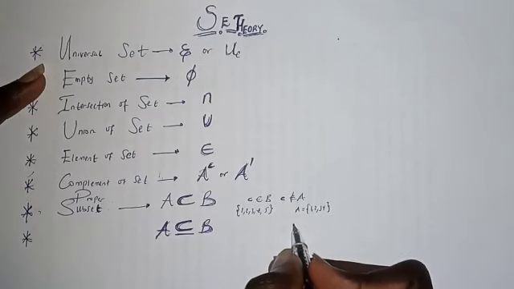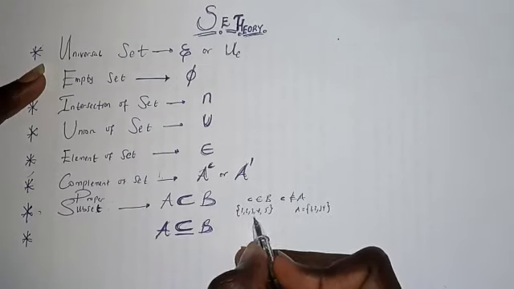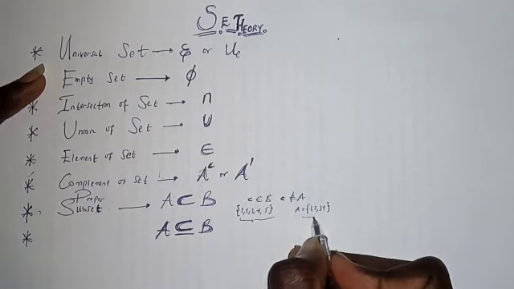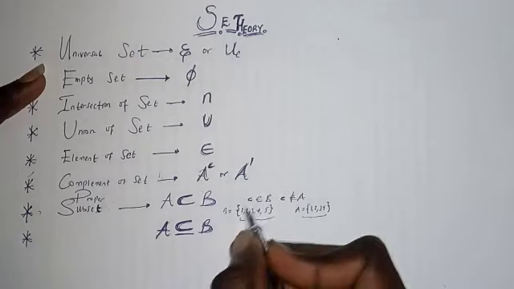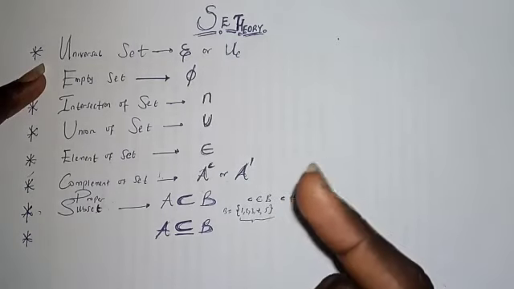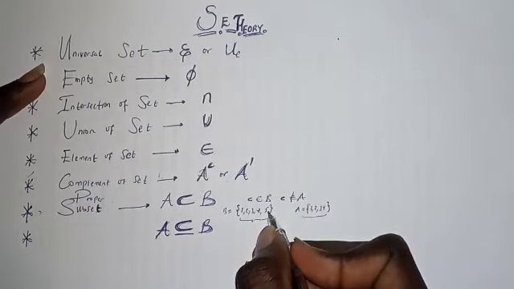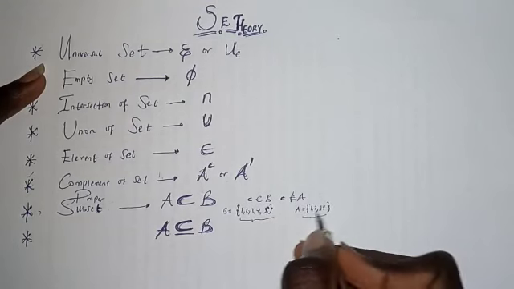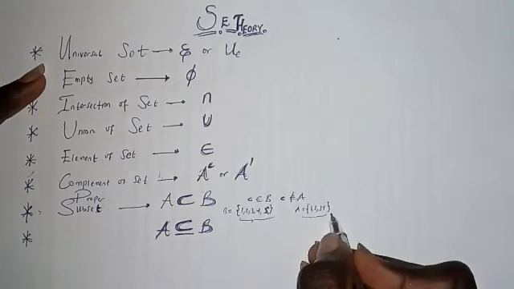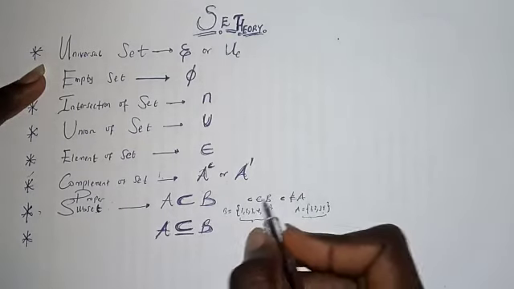So I can easily tell you that there exists this element here is for B and this element here is for A. Okay, I will tell you that there exists, I can easily find at least one. That means I can have 6, I can have 7, but at least in this case there exists one element that is in B that is not in A. I have 5 here, but 5 is not in A, so that is just a proper subset.